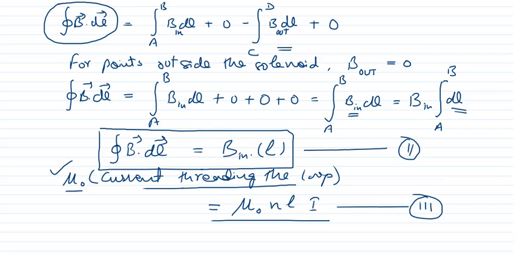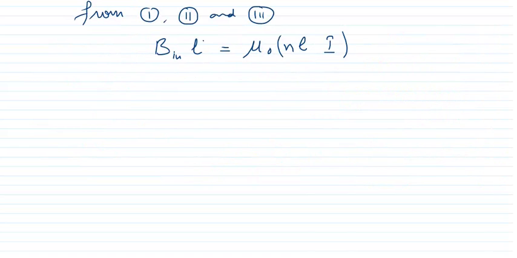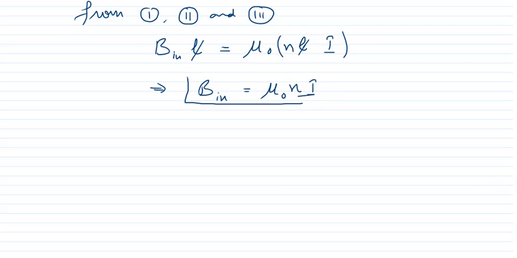These are equal to each other according to the law. You can see that L will be cancelled out and we get the expression for the magnetic field inside a toroid, equal to mu naught N into I. This is the final expression for the magnetic field inside the toroid.